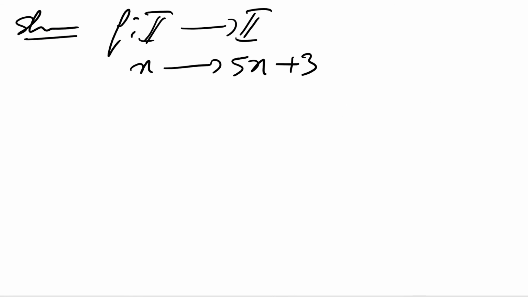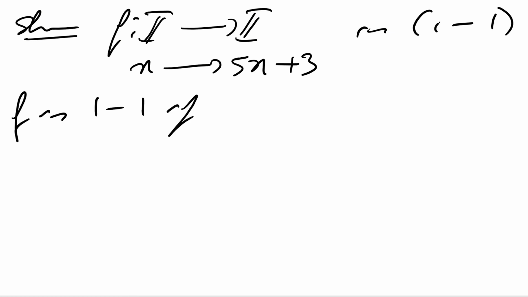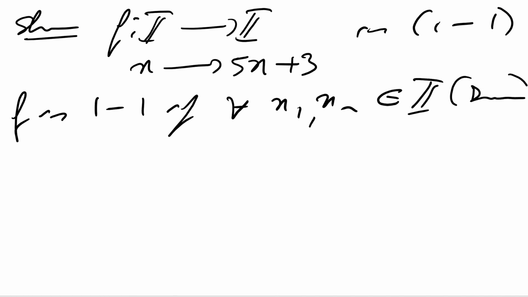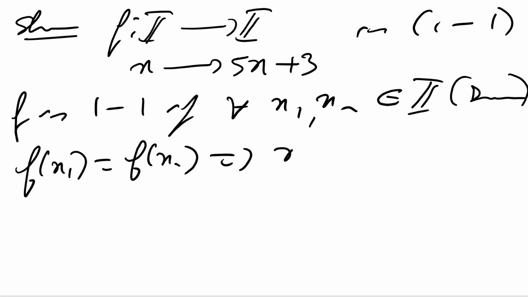So show that f is one-to-one. Again, f is one-to-one if for all x1, x2 in Z, this is the domain, f of x1 equal to f of x2 implies x1 equal to x2.